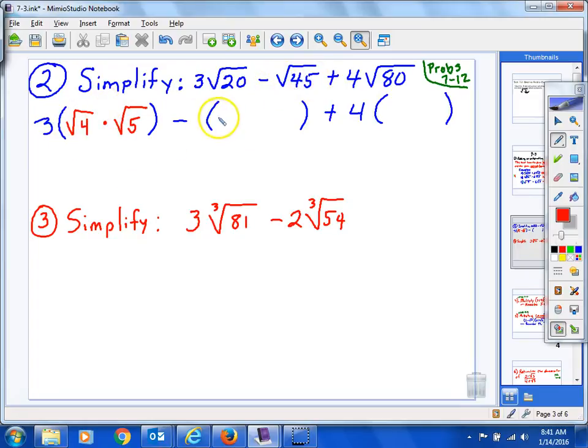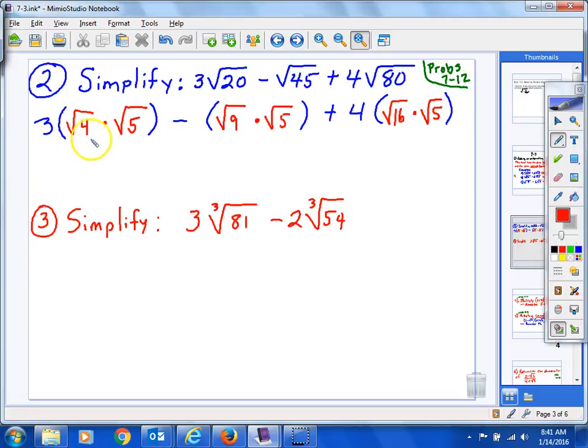The square root of 45 using radical factors would be the square root of 9, which is a perfect square, times the square root of 5, which is not. And for this last term, notice I brought down the 4, and for the square root of 80, I'm going to use the perfect square 16, the square root of 16, times the square root of 5, and these multiplied together equal the square root of 80.